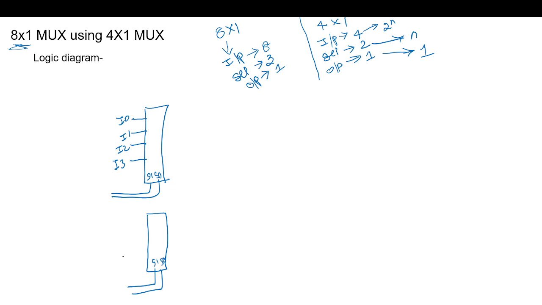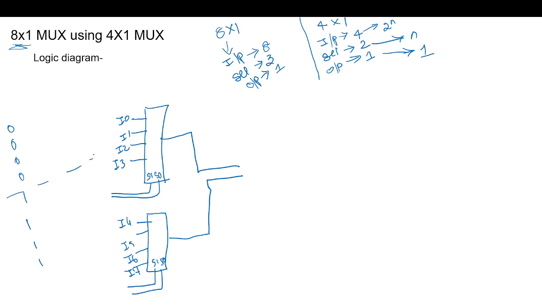So this time I will be selecting I4, I5, I6, I7, and now I have to select between this and this. Here again you will be having the same 4 combinations.